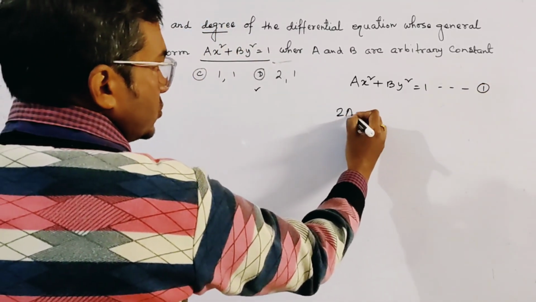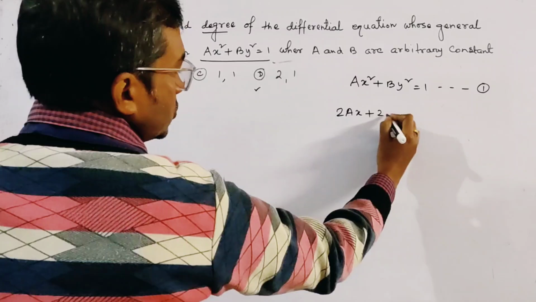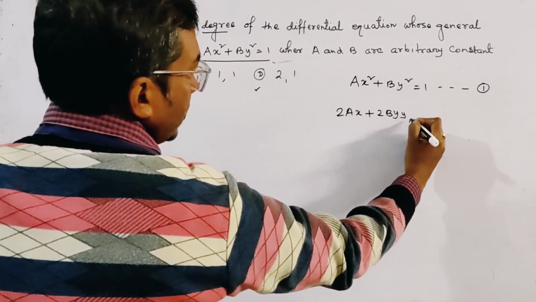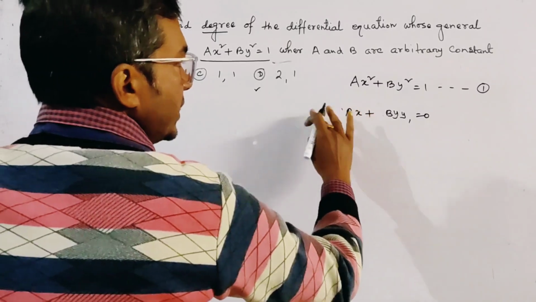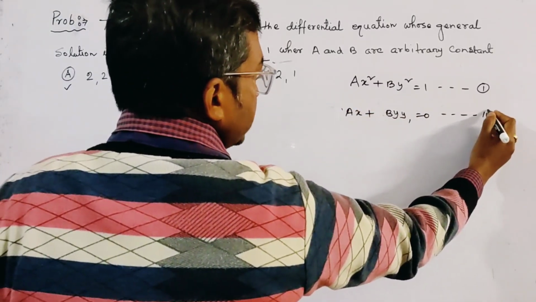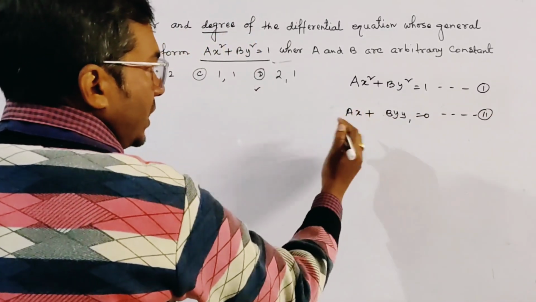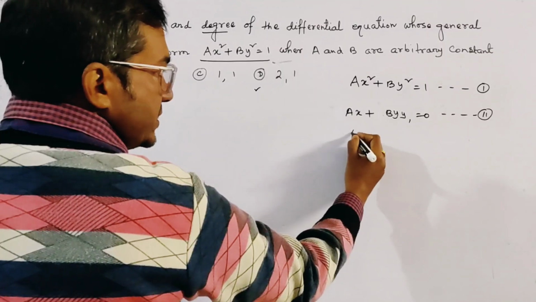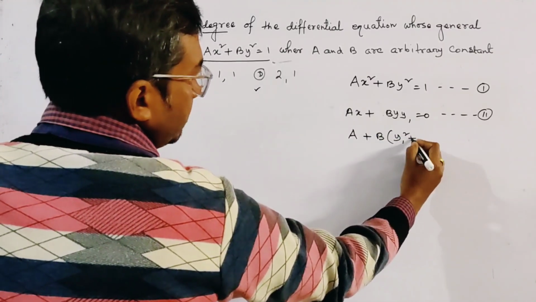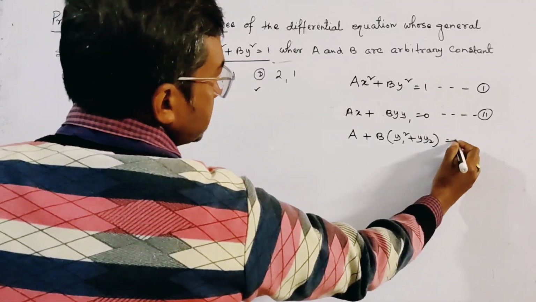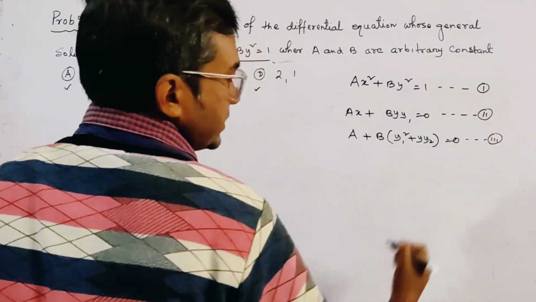Differentiating, we get 2ax + 2by·y1 = 0, or we cancel out 2 from this relation, and we name this 2. And the third one: again differentiating this, we get a + b(y1² + y·y2) = 0. This is relation number 3.